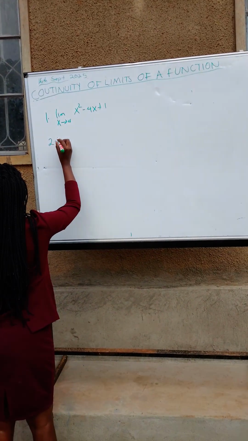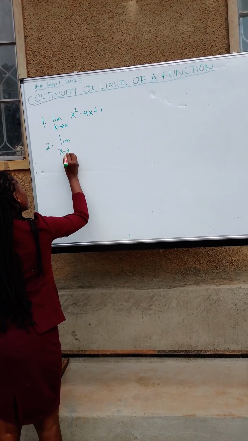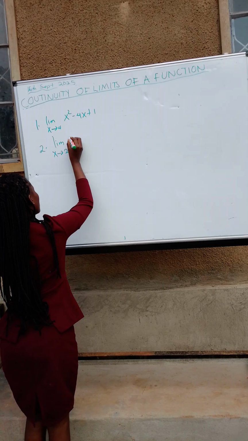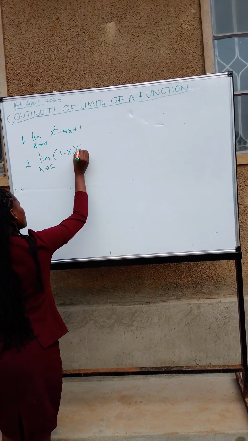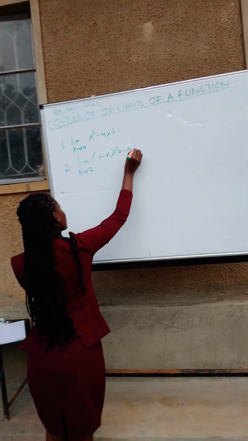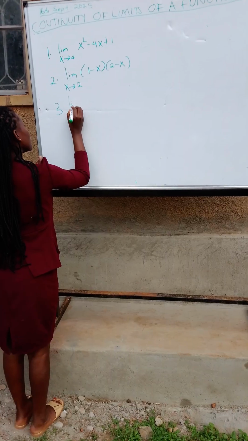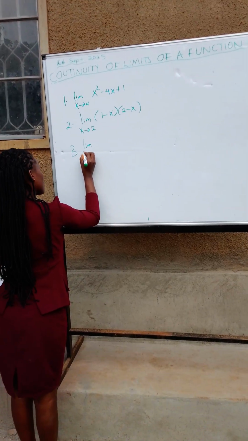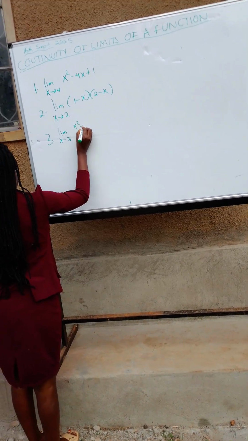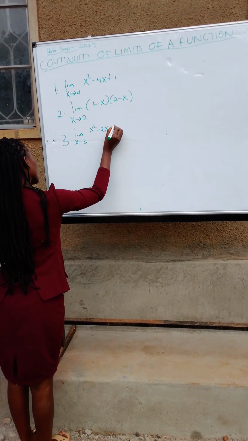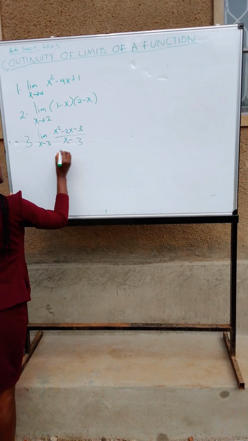Number 2: the limit as x tends to 2 of 1 minus x into 2 minus x. Number 3: the limit as x tends to 0 of x squared minus 2x over x minus 0.